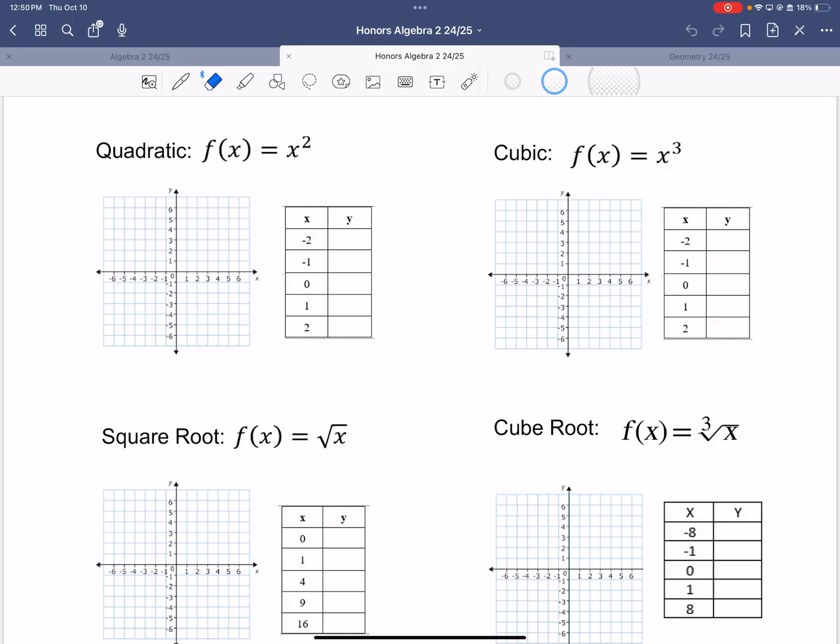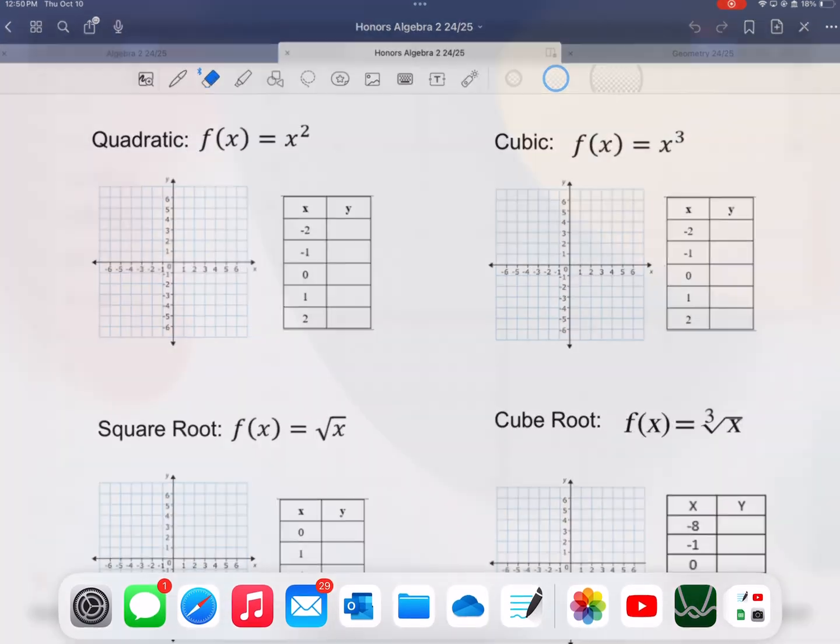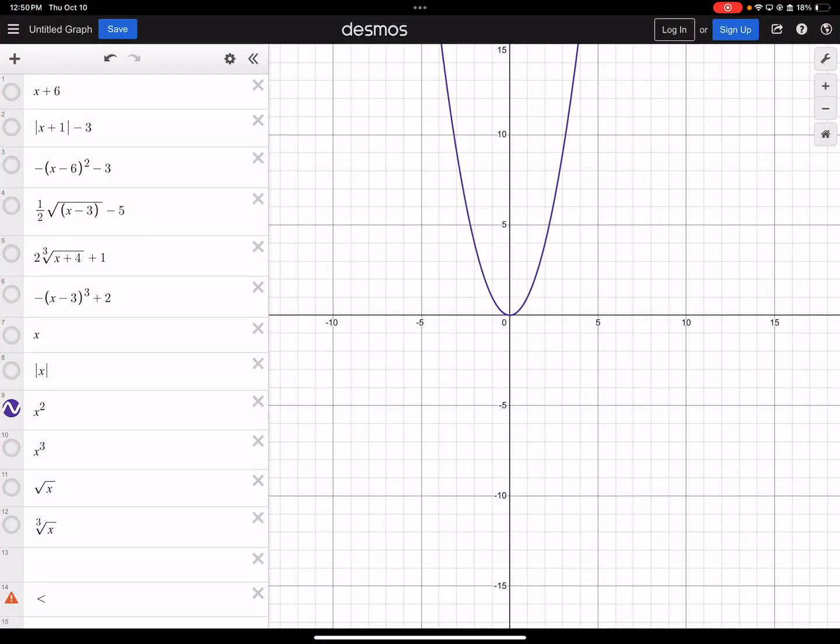Okay, so we've got quadratic, cubic, square root, and cubed root to go along with the linear and absolute value. When we look at each of them, quadratic is our basic U. You've seen the quadratic one.